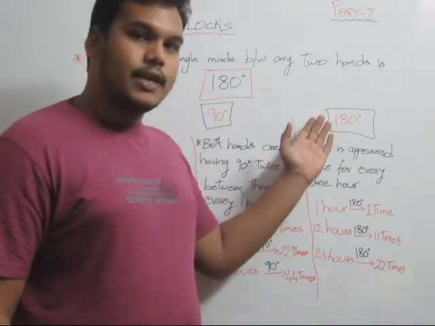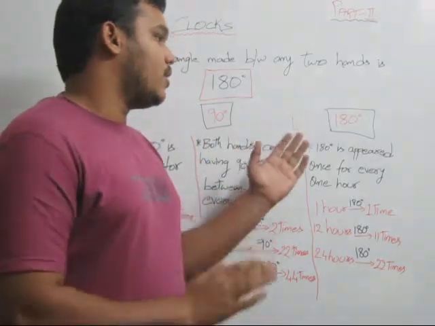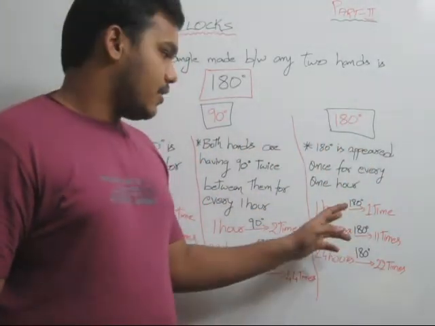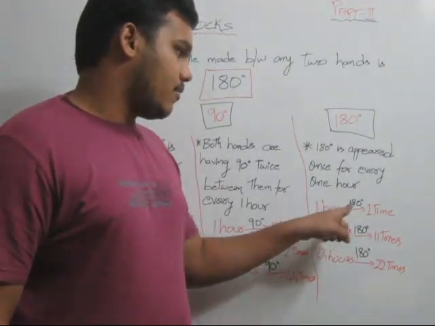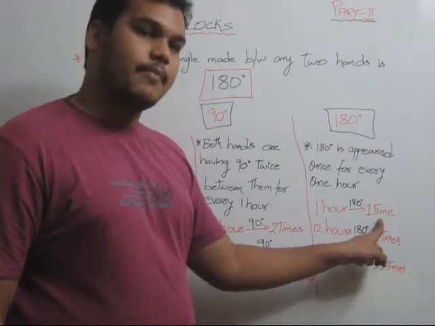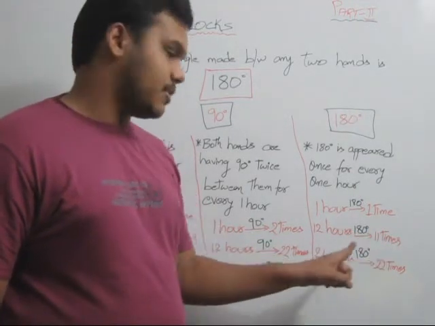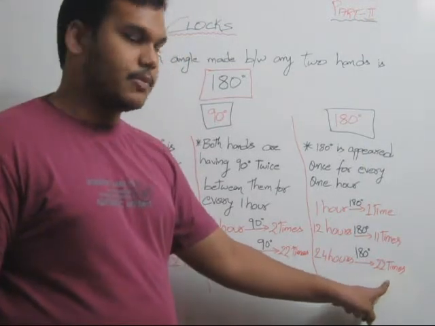If we take 180 degrees as the angle between the two hands in the clock, it appears once in every 1 hour. For 1 hour 180 degrees appears 1 time, for 12 hours 11 times, and for 24 hours 22 times.